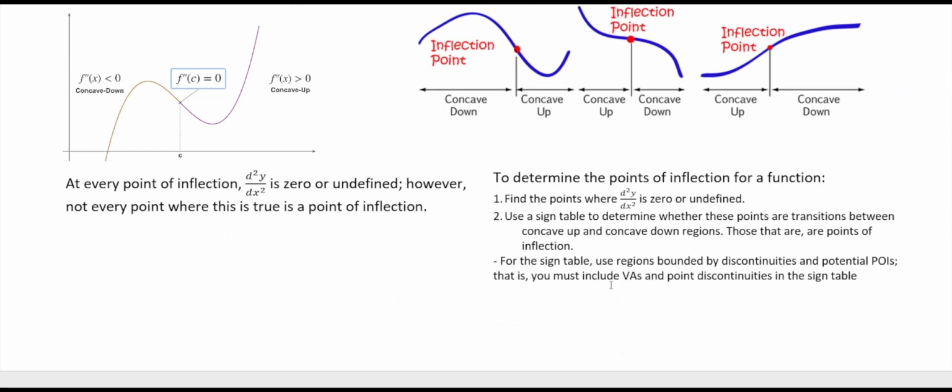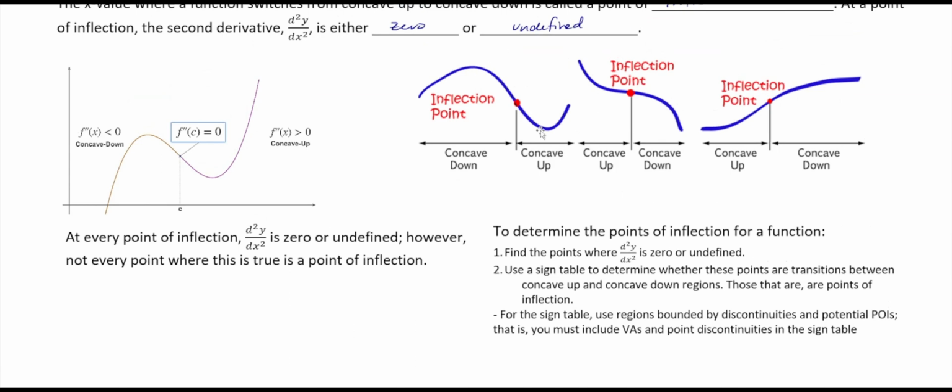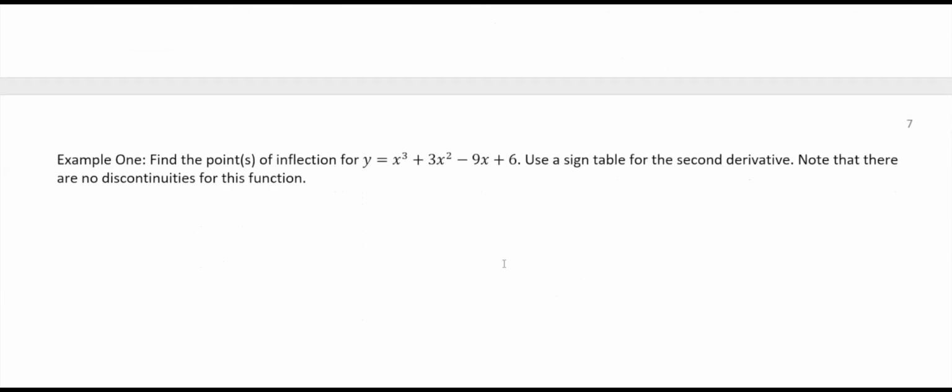What must happen is you must have a sign change across that point. So it has to go from concave up to concave down, or concave down to concave up. That's what we call inflection points. So as we can see here, the second derivative is going to change signs.